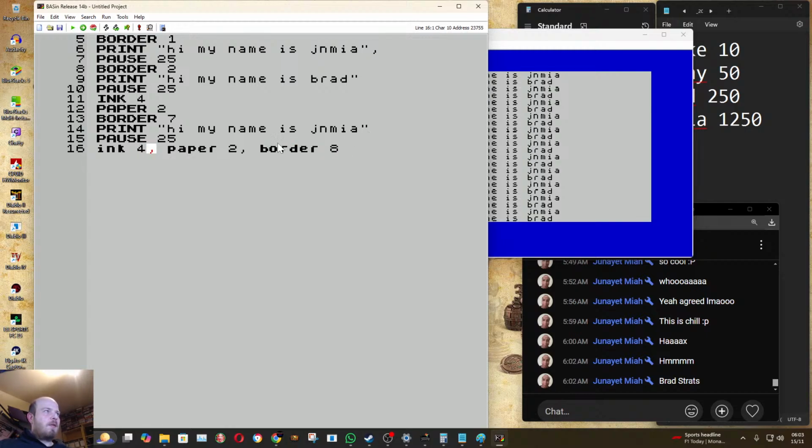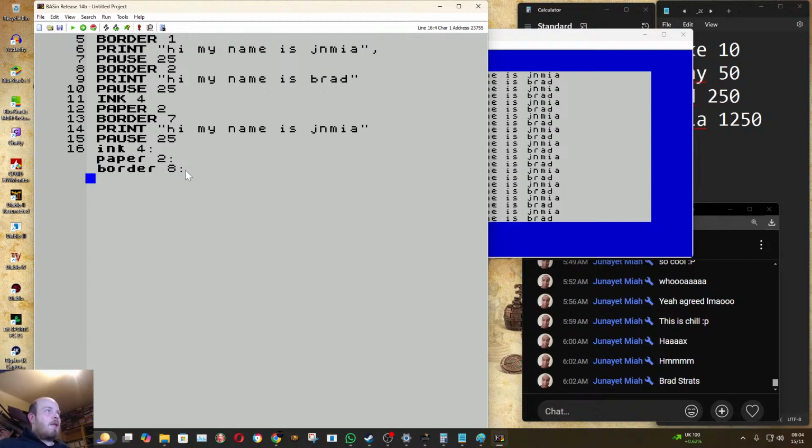So, what about if I used this? Does that work? The paper bit works. So I can remove that bit and then go like that.